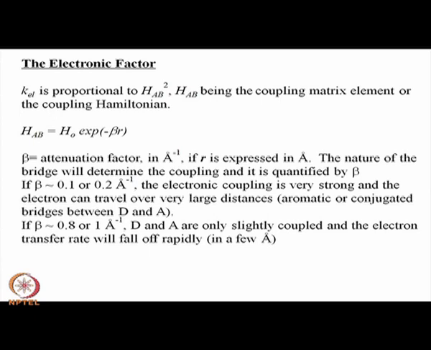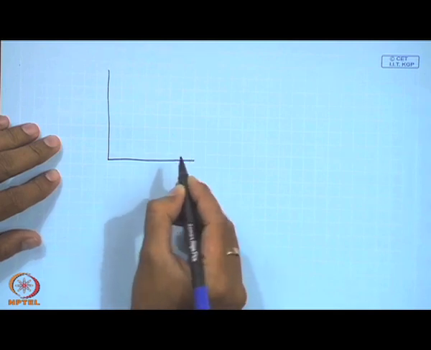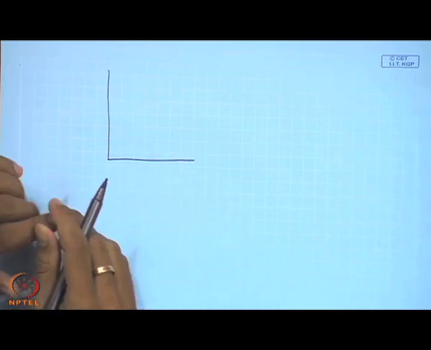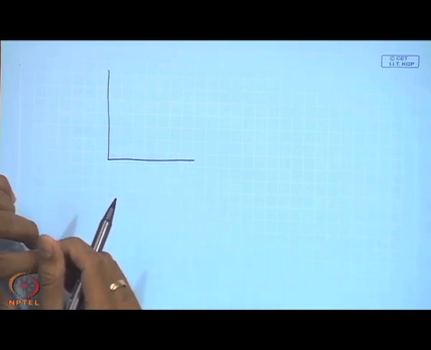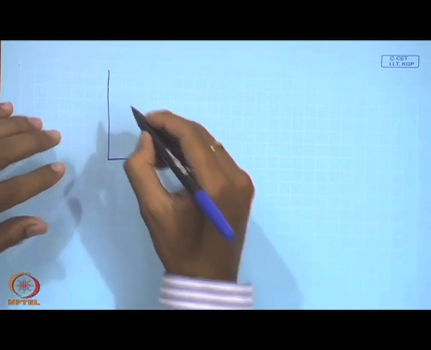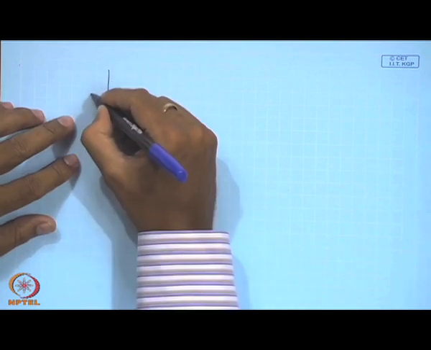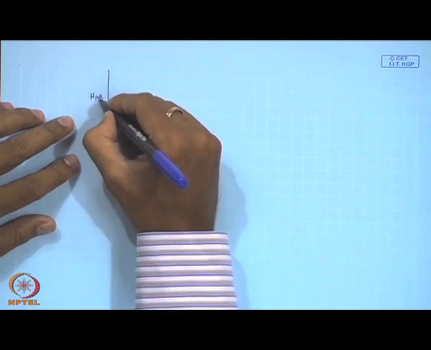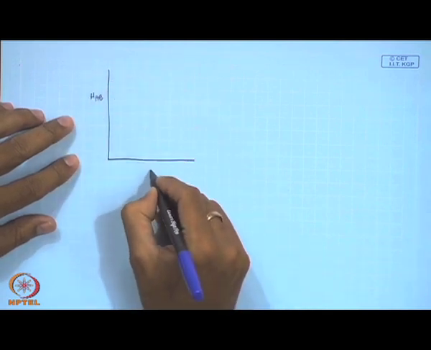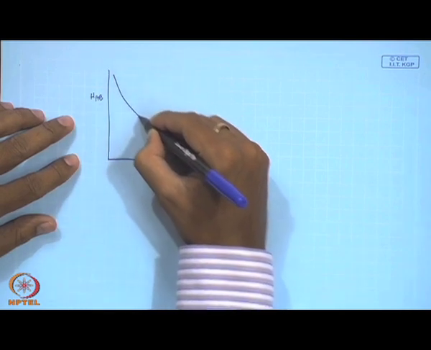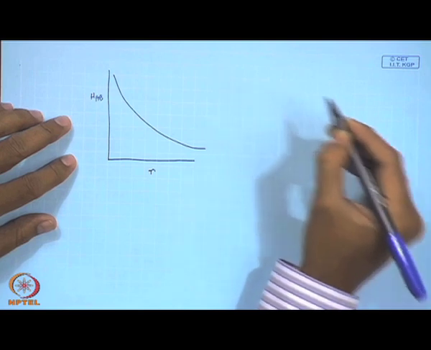That means with distance it will fall rapidly. And here, if we plot HAB as a function of R, then it will be exponentially decaying.